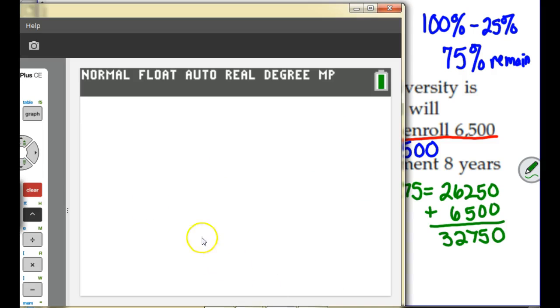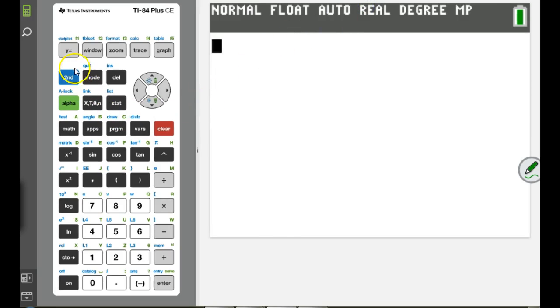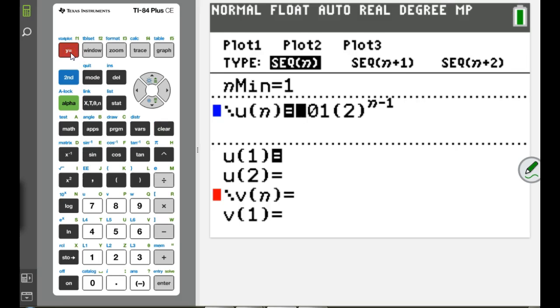We only did one example the other day, excuse me, of where we put it in recursively. So if we're in sequence mode, we go to y equals. No plots on. Plot 1, 2, 3, make sure those are off. We're going to do sequence here.